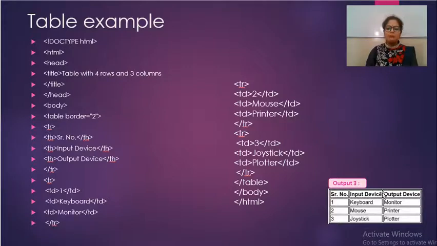We have to design this type of table, where there are 3 columns named serial number, input device and output device. We have to enter records as 1, 2, 3, keyboard, mouse, joystick, monitor, printer and plotter. So we have to enter that data in the table. I will explain how you can create this type of table.